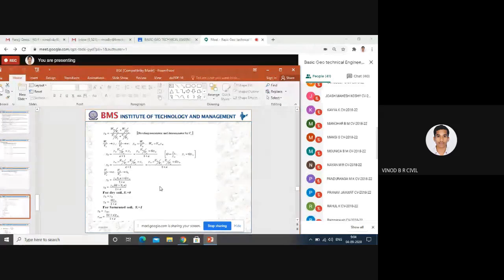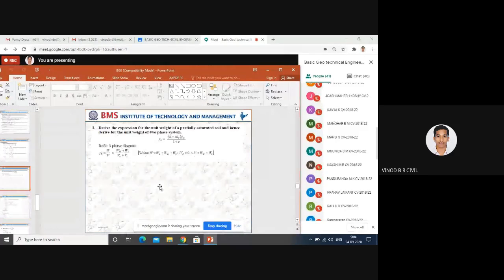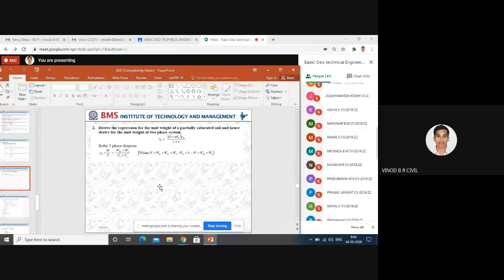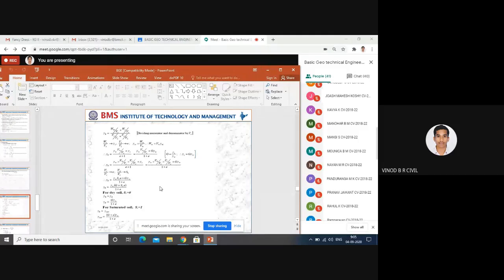Come to gamma b. Here, weight of water plus weight of soil, dividing the numerator and denominator by volume of soil, Vs. Weight of water divided by Vs plus weight of soil Ws divided by Vs, divided by volume of voids divided by volume of soil plus volume of soil divided by volume of soil.